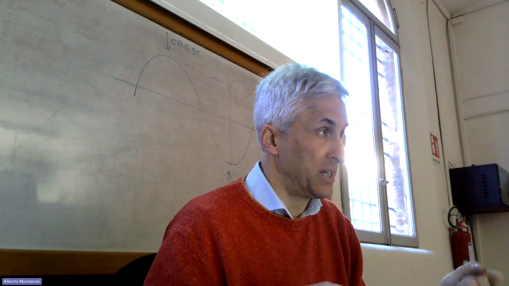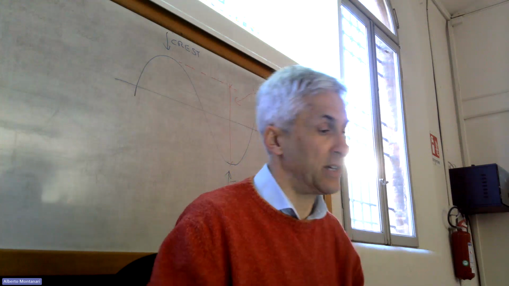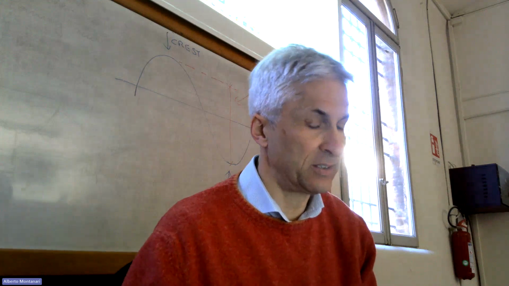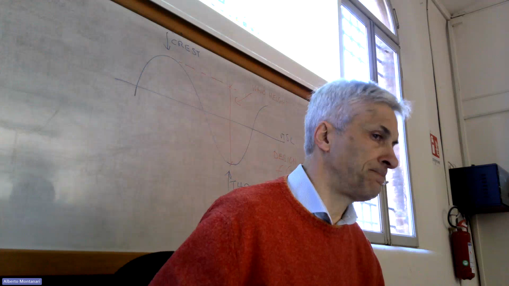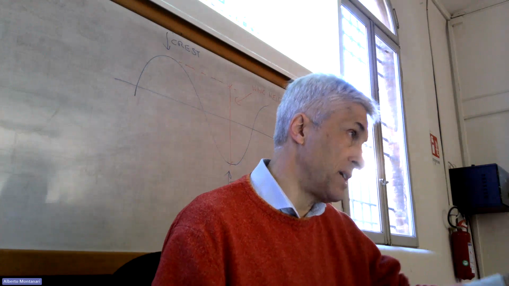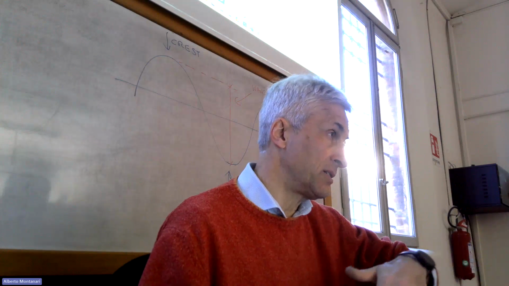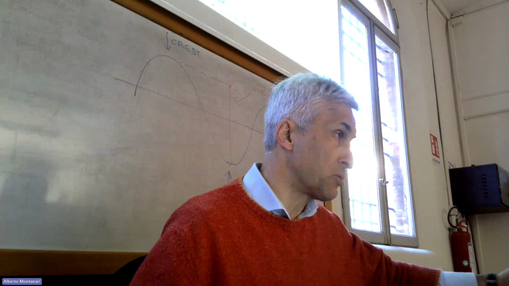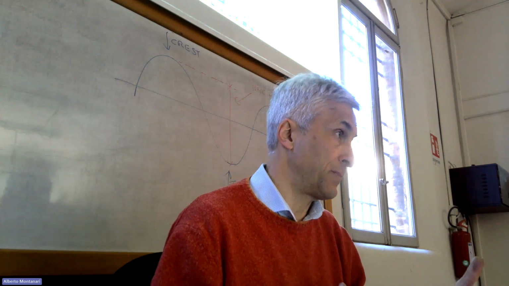So what I want to say, and what I wish you to remember, is that you have methods for estimating the design wave with whatever return period, even on the basis of a very reduced data sample.